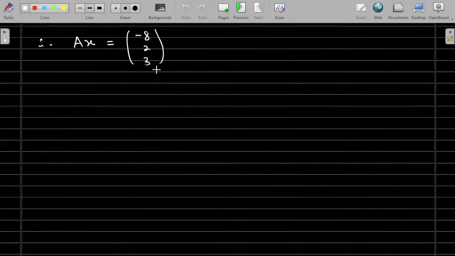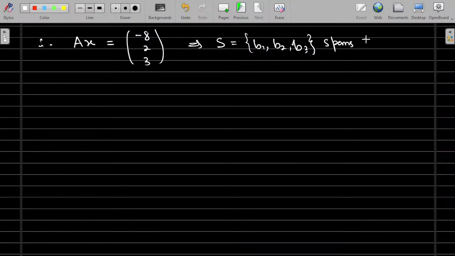Okay, so that means I can actually say that my S, which is equal to b1, b2, b3, spans R3.